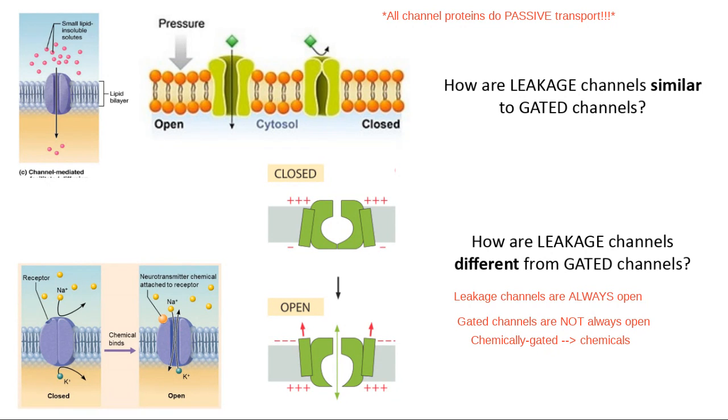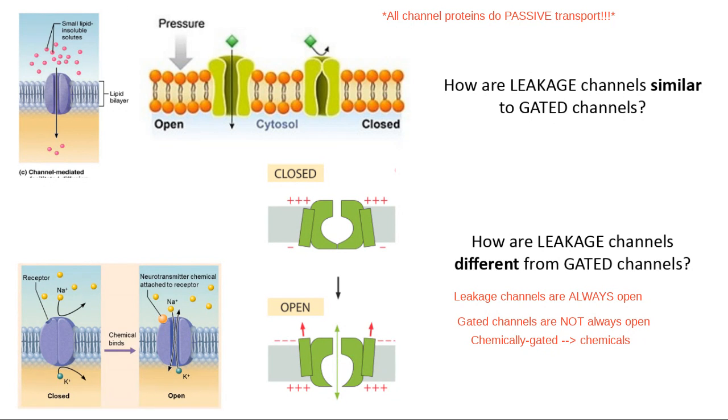First kind of channel, I can see it right here down at the bottom. This is a chemically gated channel. When the right chemical key attaches, we go from having my channel closed to my channel open, and stuff can pass through when that channel is opened by the chemical key. That's my first kind of gated channel.